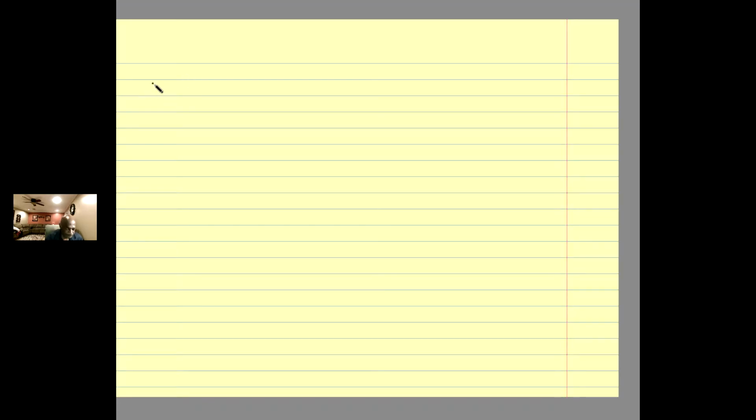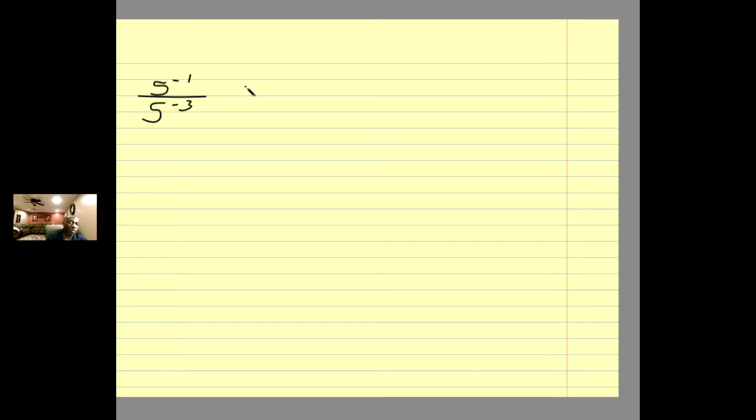Let's look at this. Let's go with 5 to the negative first power over 5 to the negative third power. On this one, you're not going to expand it the way we would do the other ones.